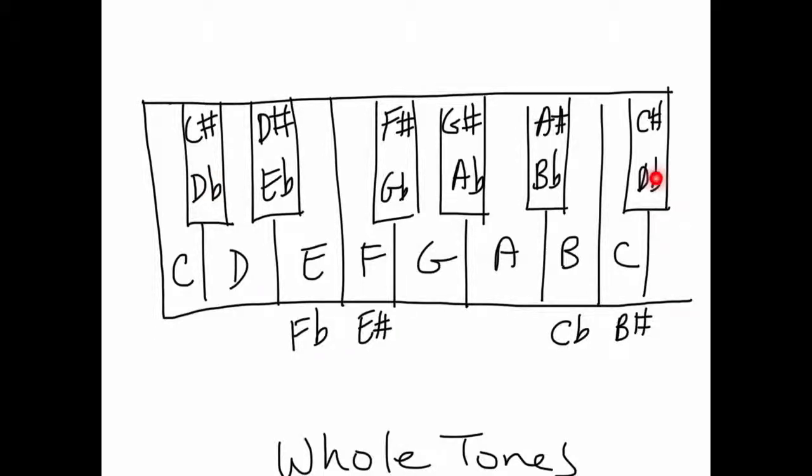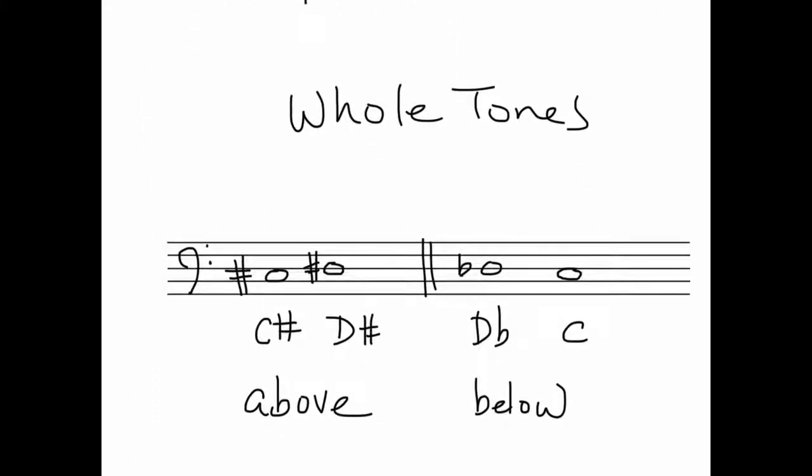We need to go two semitones, so we're going to start from here and go down two semitones. And we find ourselves on the B. Now we don't want to go from D to B because alphabetically that doesn't follow. So we want to go from D to C flat. And that's our answer. Put a flat in front of the C, and there you go.